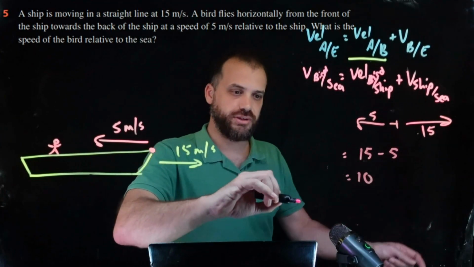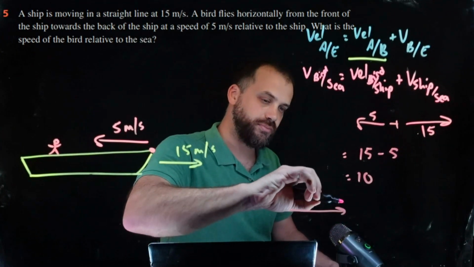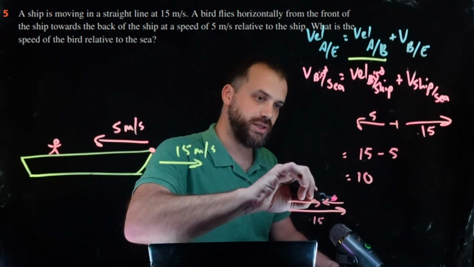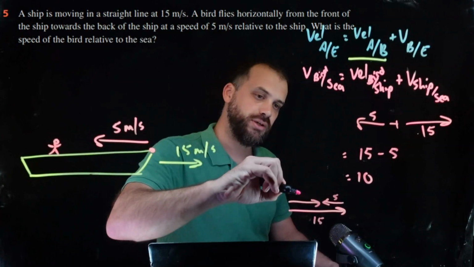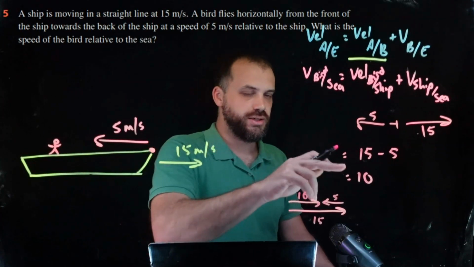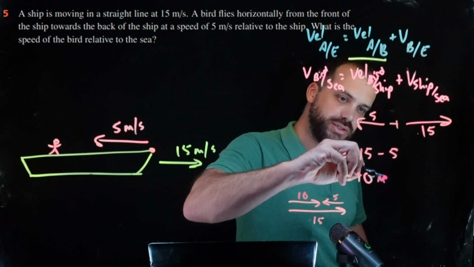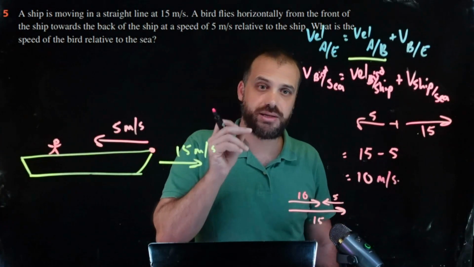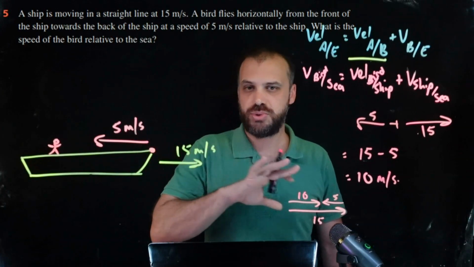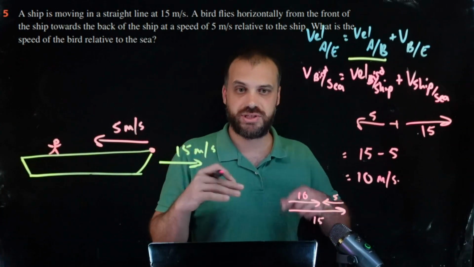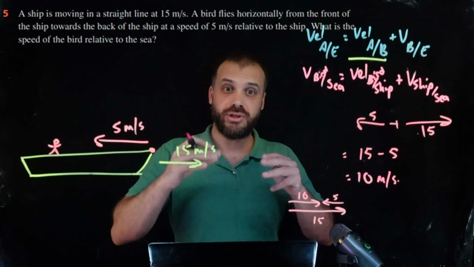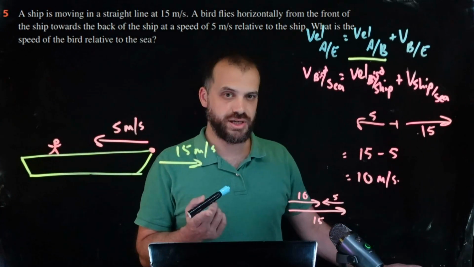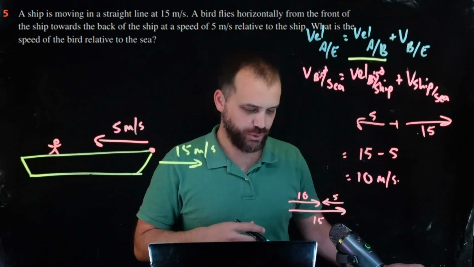If you want that graphically, 15 minus 5 makes 10. So there's my 10. It's meters per second. What is the speed? So it says speed of the bird, so we don't care about its direction, so I don't have to say north, south, east, west, which is good because the question didn't mention anything about north, south, east, west, so I'd be sunk. Sunk, boat. Awesome.